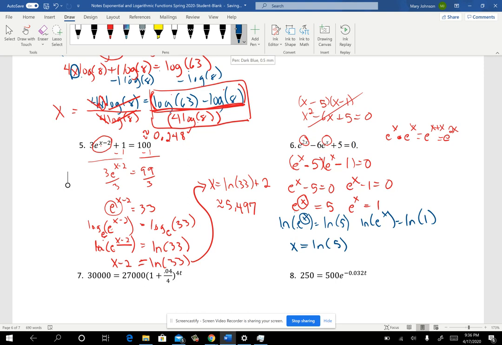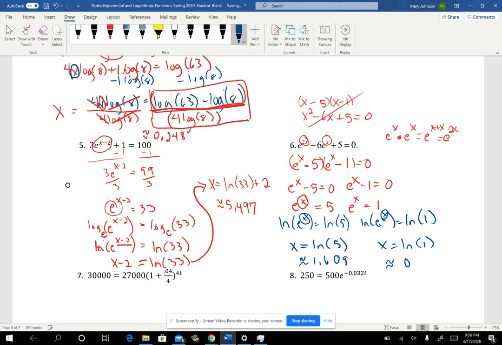And here, these are inverses, so I have just the x left there equal to this exact answer. Then I can do decimal approximations if it wants me to, and I'm going to get about 1.609 on that, and the natural log of 1 is really 0. Okay?